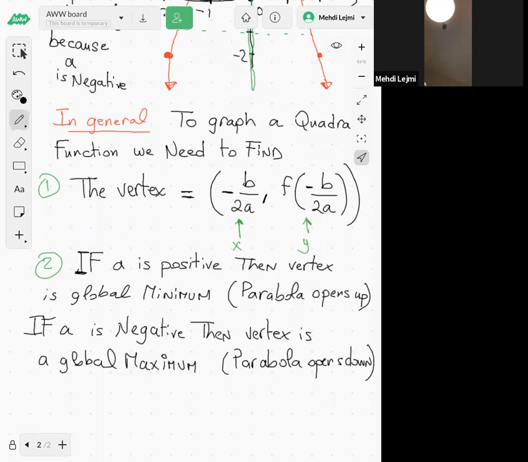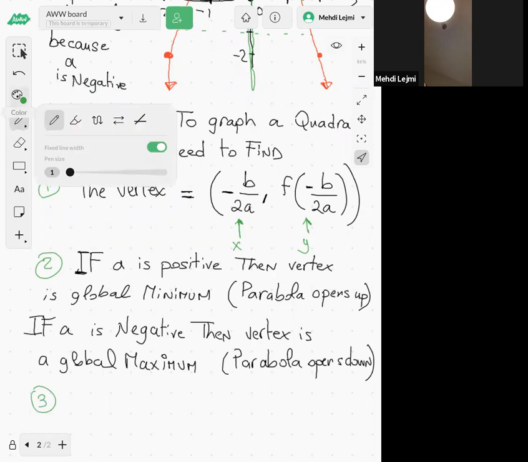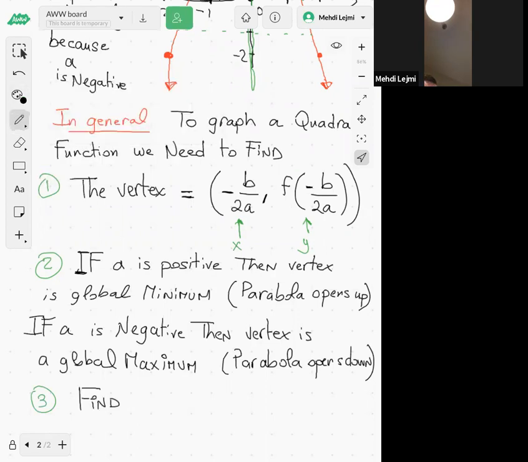And then in general, we need to find the x-intercept. So how do you find the x-intercept? You just solve f of x equal to 0. So it's just a quadratic equation, right? F of x equal to 0.